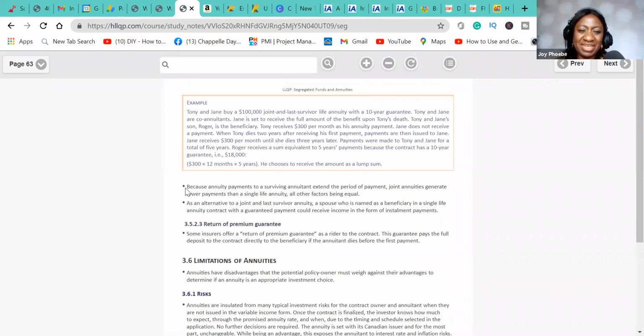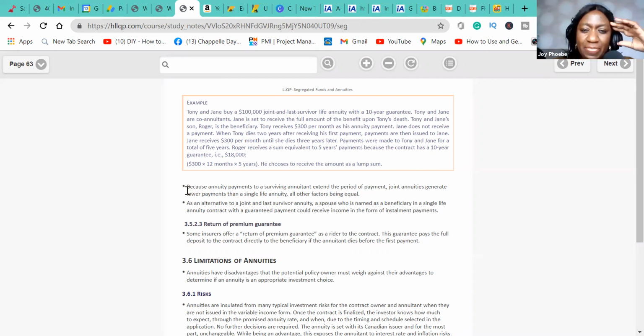Let's read this example. Tony and Jane buy a $100,000 joint and last survivor life annuity with a 10-year guarantee. Tony and Jane are co-annuitants. Jane is set to receive the full amount of the benefit upon Tony's death. Tony and Jane's son Roger is the beneficiary. Tony receives $300 per month as his annuity payment. Jane does not receive a payment.